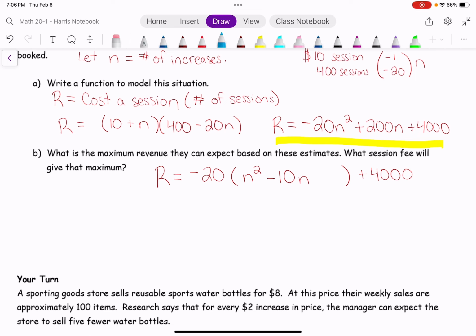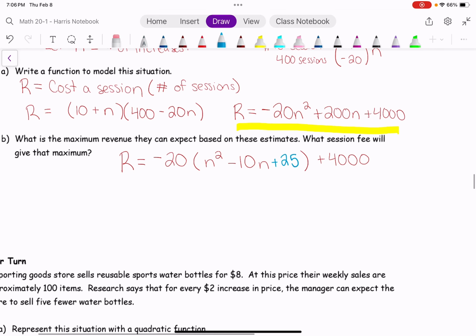So I have negative 10 divided by 2 is negative 5. Negative 5 squared is a positive 25. So positive 25 here, negative 20 times a positive 25 means that I'm at a negative 500.